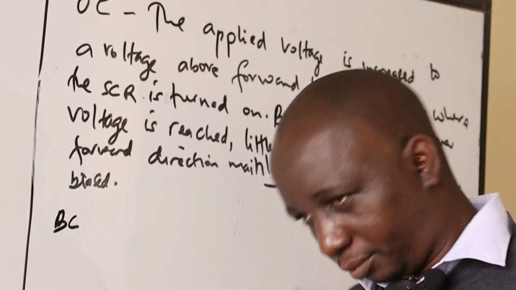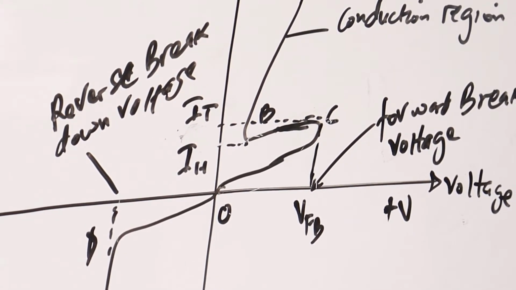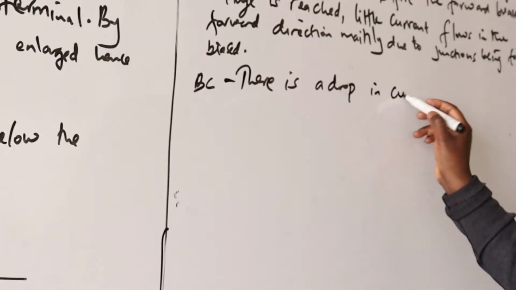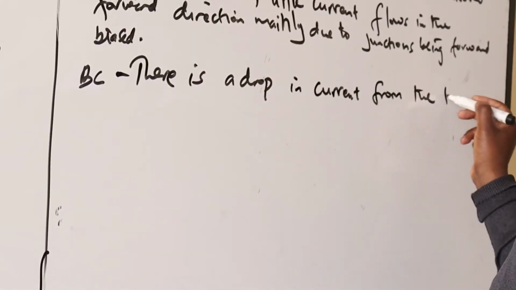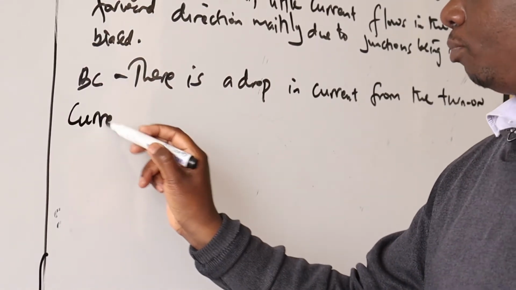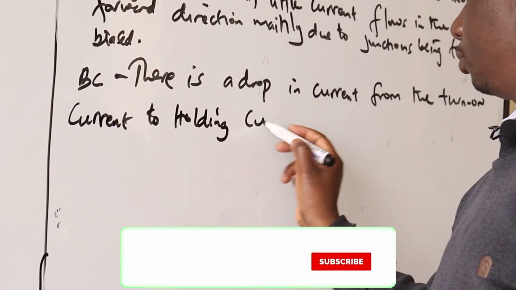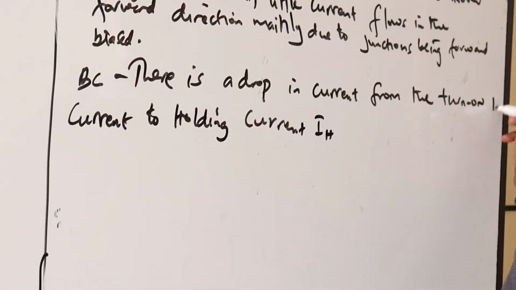At point BC, there is a drop in current from the turn-on current to holding current, IH. Turn-on current is IT, to holding current, IH.